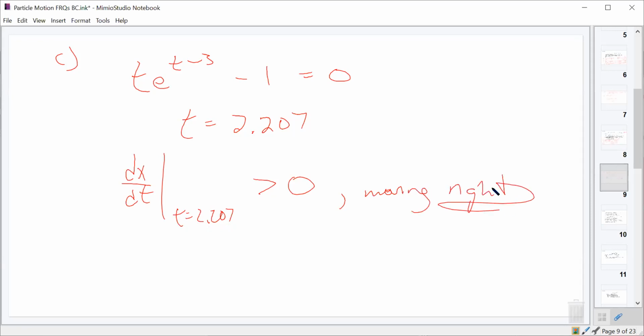Well, dx/dt was a pretty simple function, right? It's 2t minus 4. Pretty obvious that it's greater than 0. And that was worth 3 points. 1 point for this, 1 point for this, and 1 point for this. Good?